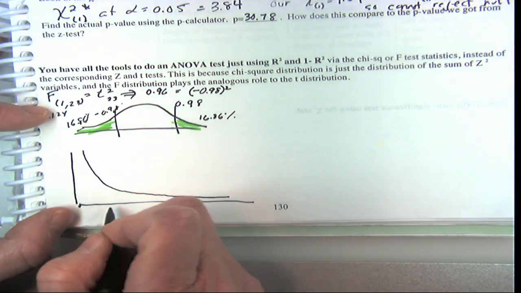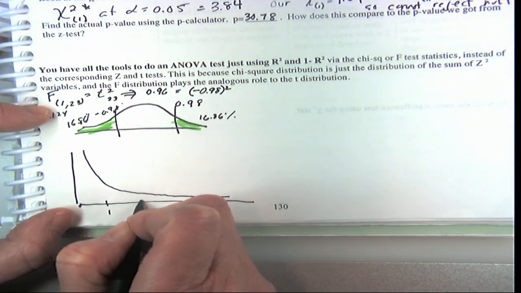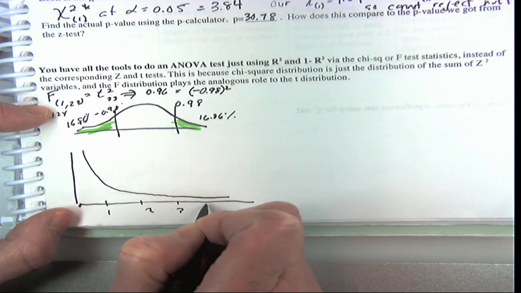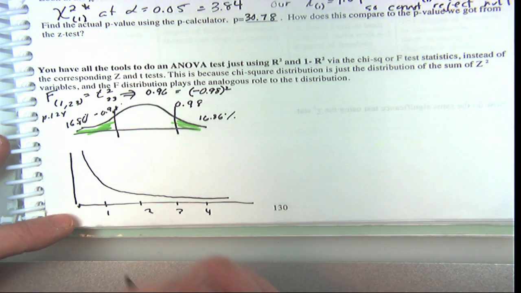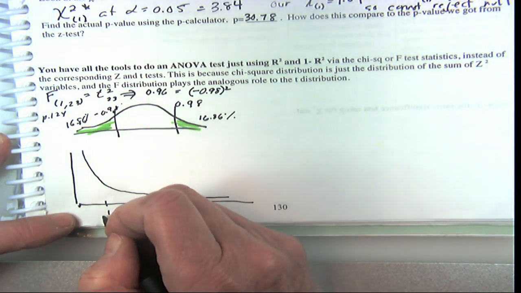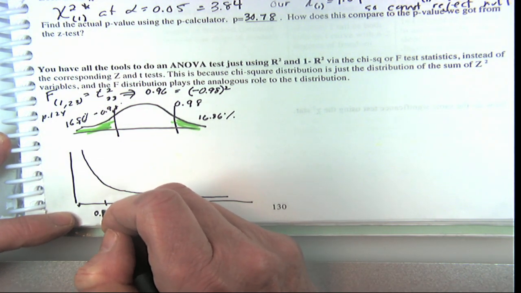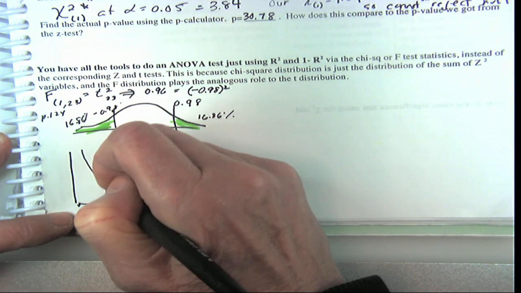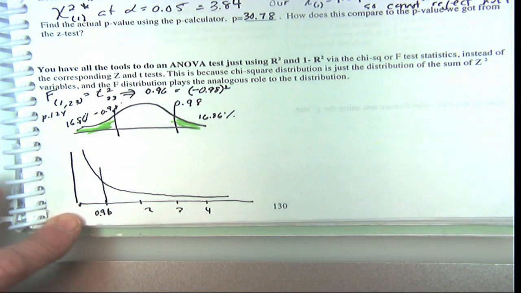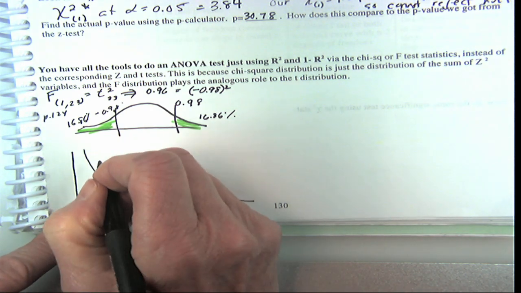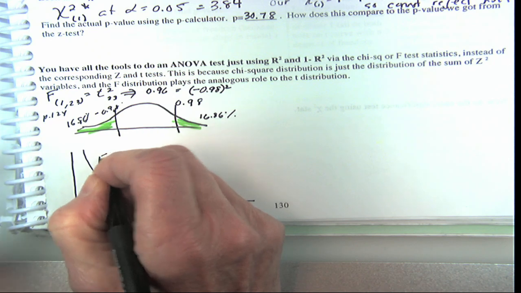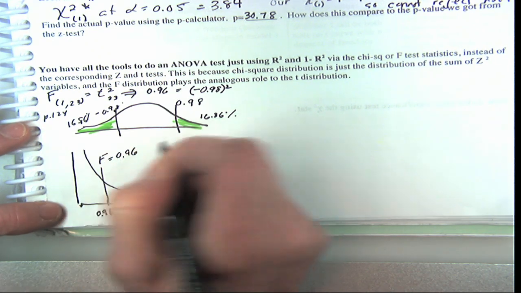And we have 1, 2, 3, 4, etc. And we said, okay, we got an F here, 0.96 right there. That was our F. And that matches up with the t. So this is F equals 0.96.